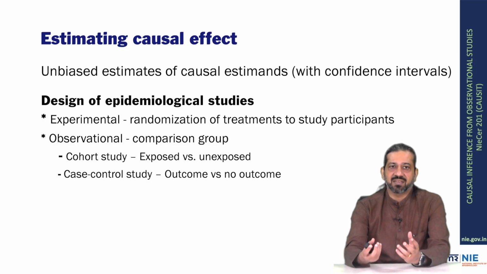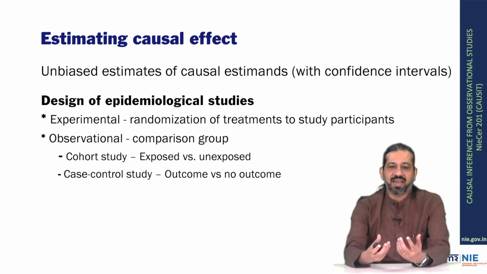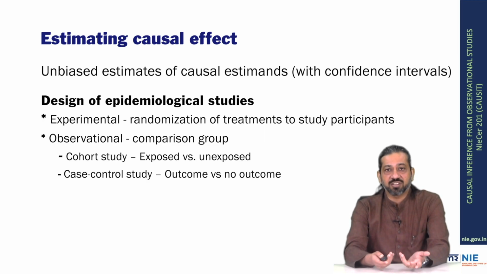The causal estimate is a hypothetical figure that we could have calculated if we could have seen the potential outcome of being exposed and unexposed at the same time. However, since we cannot do that, we need to have comparison groups, right? And the way we have comparison groups depends on how we design our studies. So in experimental studies, the treatment assignment, we randomly assign treatment to our study participants.